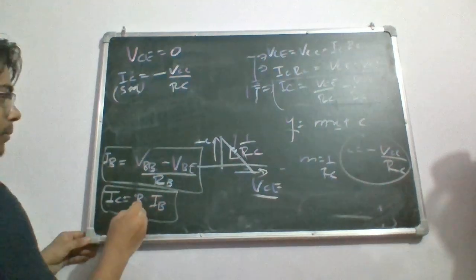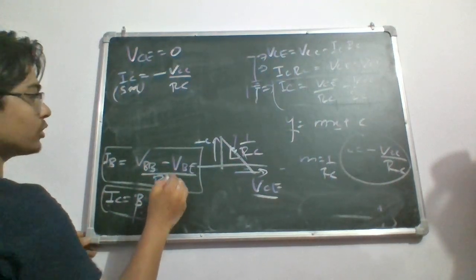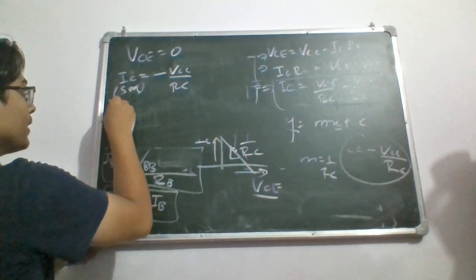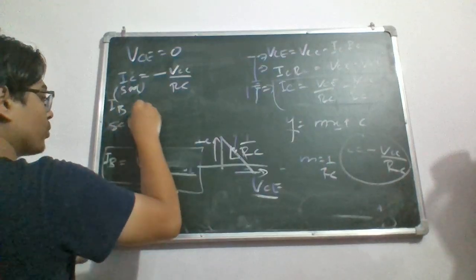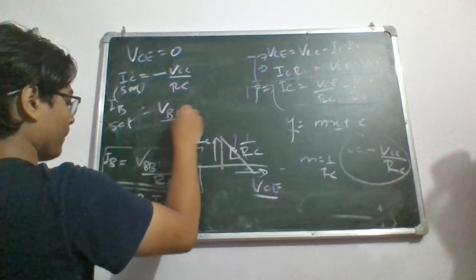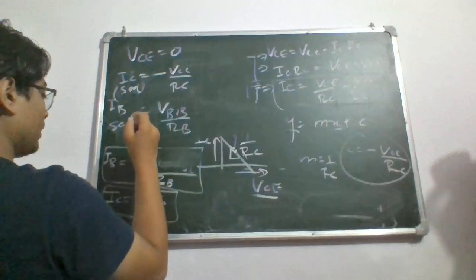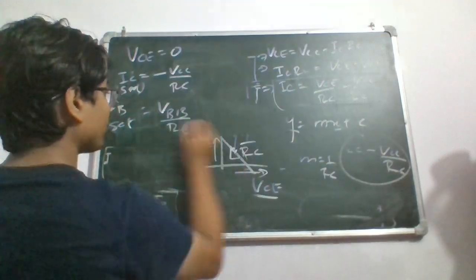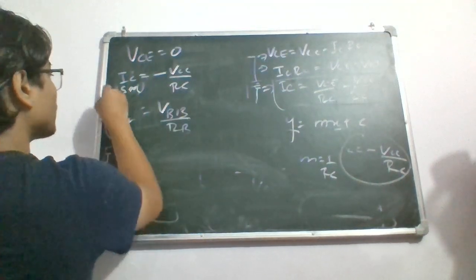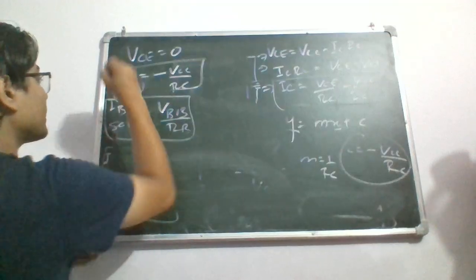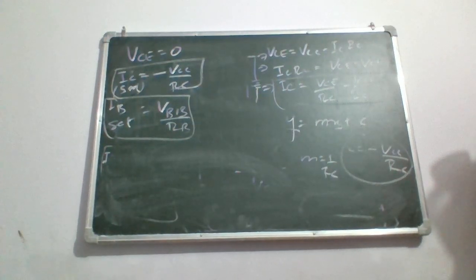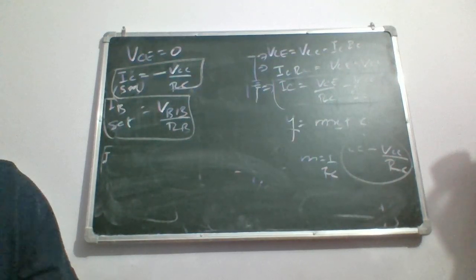Similarly, if I apply VBE equals 0, then IB saturated will be VBB by RB. In this way, we can find the saturation collector current and the saturated base current. So this is all about base bias.